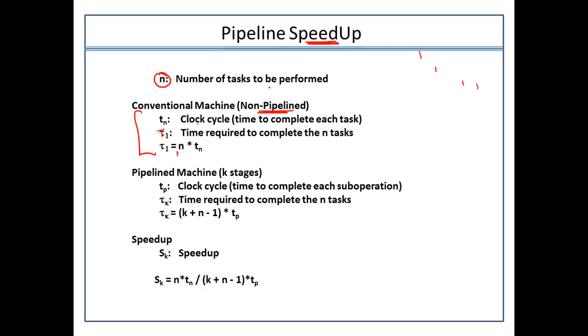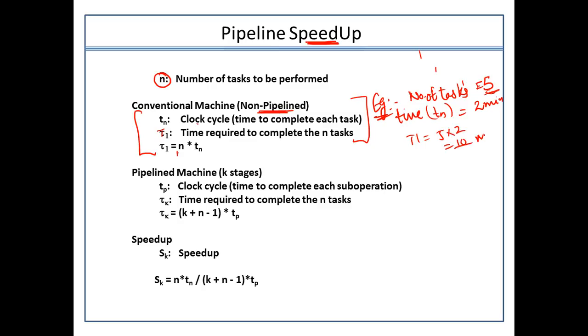In a simple example, if the total number of tasks is equal to, let us suppose, 5, and the clock cycle required, the Tn value, to complete each task is, let's suppose, 2 minutes, then the total time required to complete the 5 tasks will be 5 multiplied by 2. As simple as it is. So a total of 10 minutes would be required to complete the tasks.